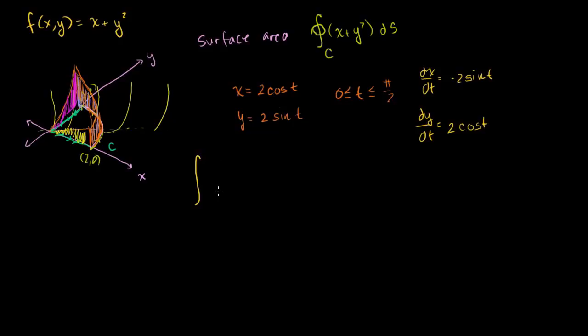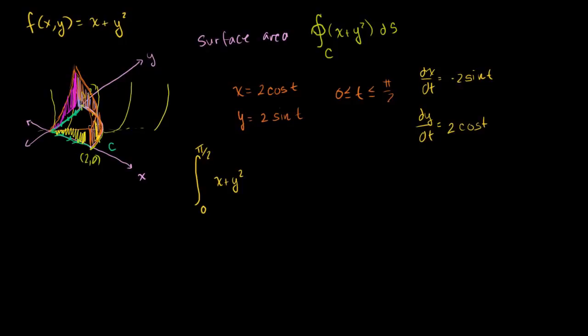But we could take the integral from t is equal to 0 to pi over 2 of our function of x plus y squared, and then times ds. So x plus y squared will give the height of each little block, and then we want the width of each little block, which is ds.